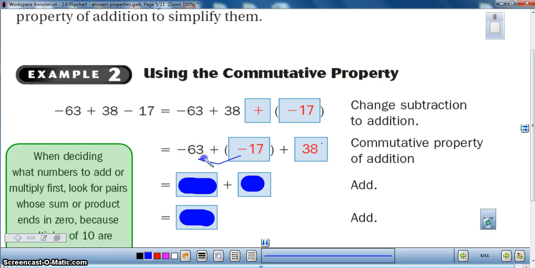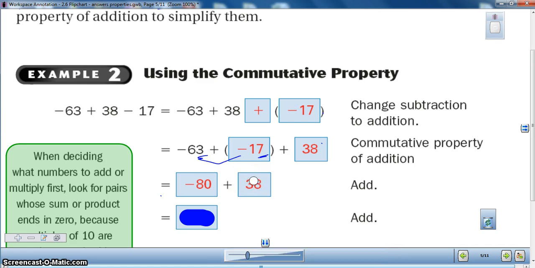First off, noticing that this one ends in a 3 and this one in a 7 adds to a power of 10, and we actually get negative 80. So adding those together, plus 38. Now remember, signs are opposite. Who's going to win the battle? In this case, the negative is larger, it has a larger absolute value.